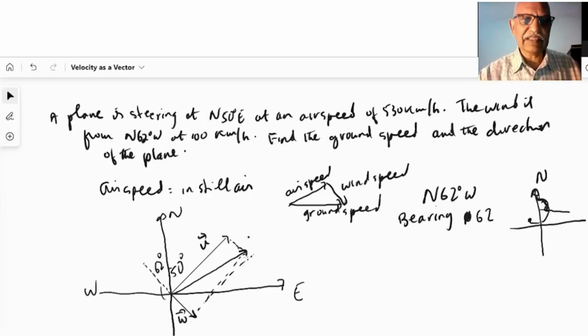So this is W. Okay, so this angle here is 50. Since this is 62 degrees, this is X. If I take this one here, 62, this will be 28 degrees.